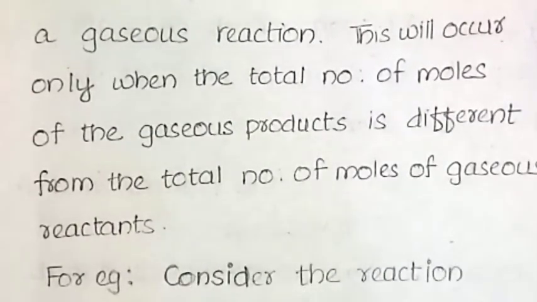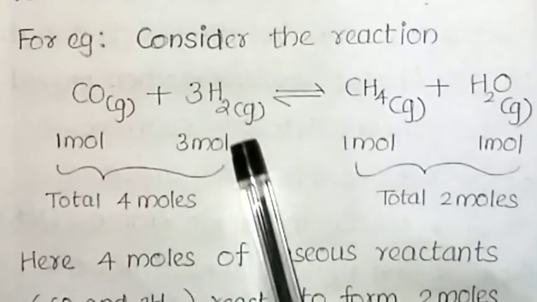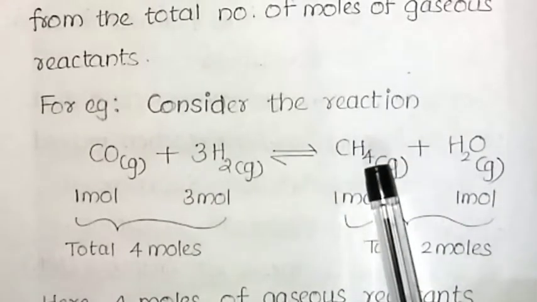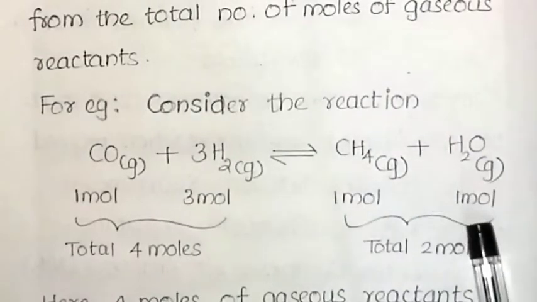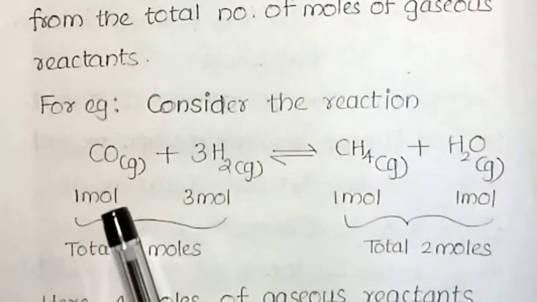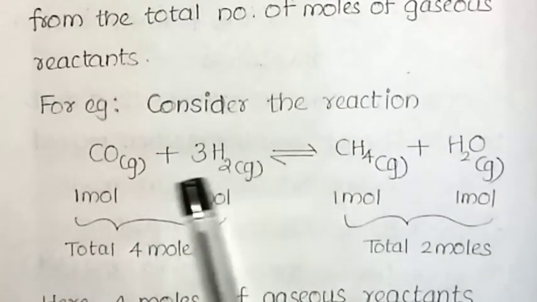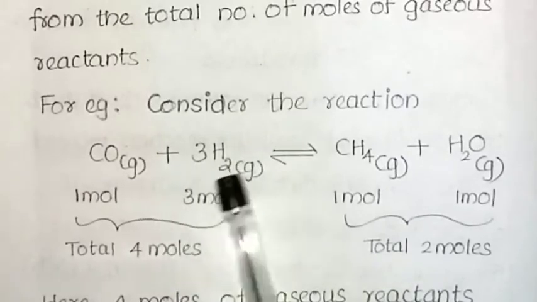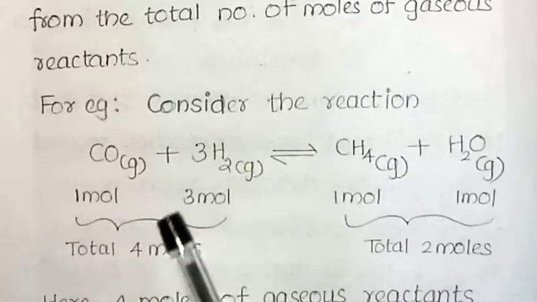Here, listen, in this reaction, carbon monoxide gas plus 3 moles of hydrogen reversibly gives methane gas plus H2O gas. Here the number of moles of reactants are carbon monoxide 1 plus hydrogen 3. So, 1 plus 3, 4 moles of reactants.